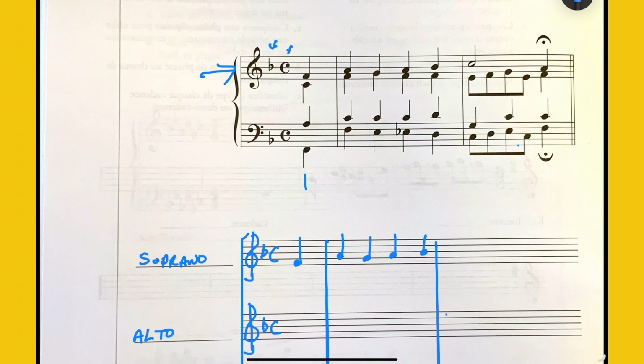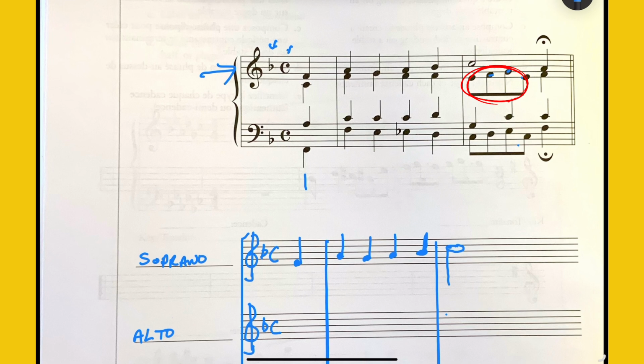The reason I did the B going up is because the third line is majority rules. All right, anything below the third line, stems go up. Anything above the third line, stems go down. Now this is the C, and it's above line 3, so it goes down. And then we have notes like these that are underneath.